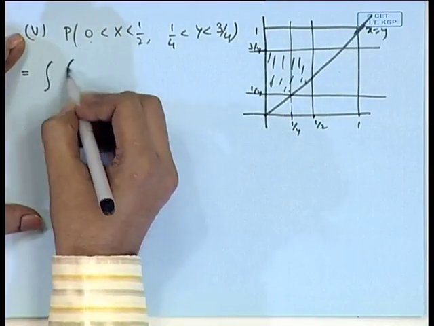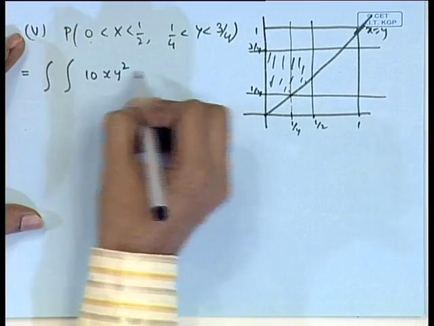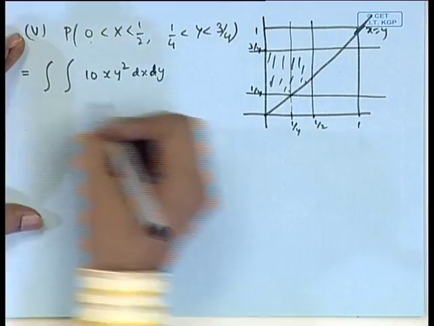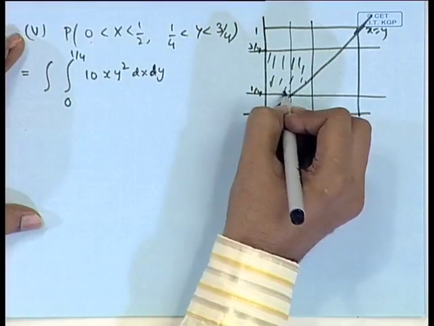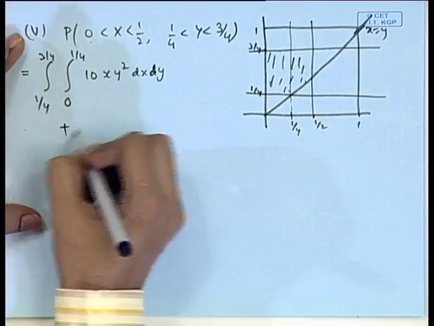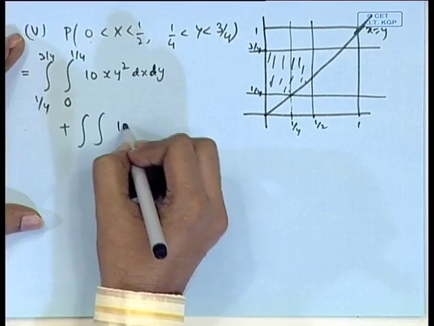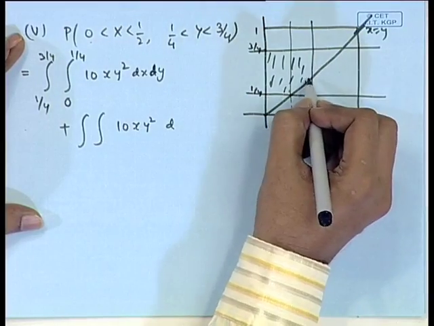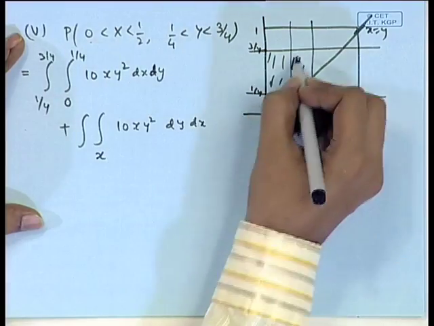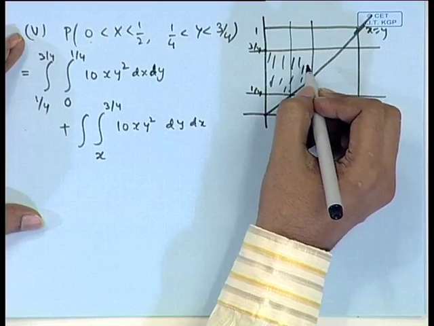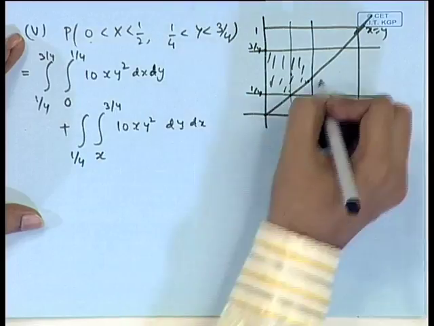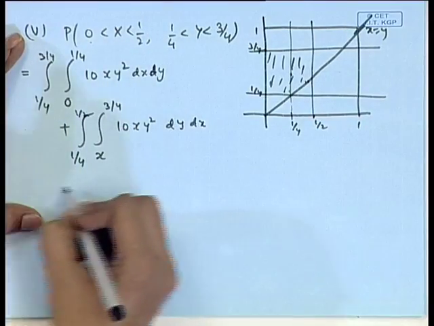So, if we integrate the density 10 x y square dx dy, then in this region x is from 0 to 1 by 4 and y is from 1 by 4 to 3 by 4, plus in this portion we may consider it with respect to y first. y is from x to 3 by 4 and x is from 1 by 4 to half. So, this integral can be evaluated.